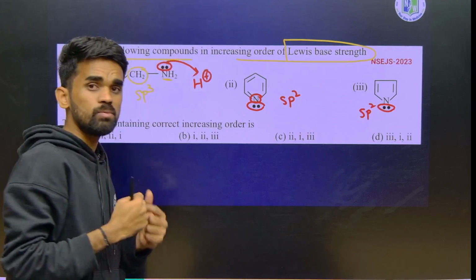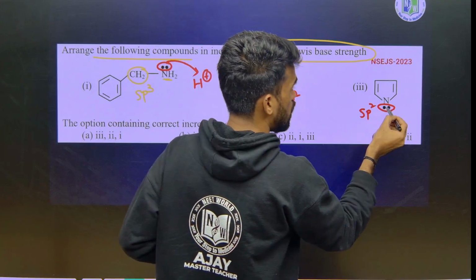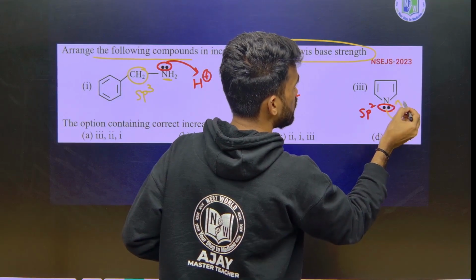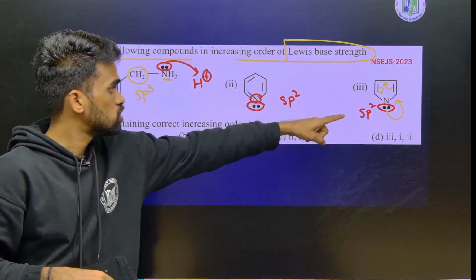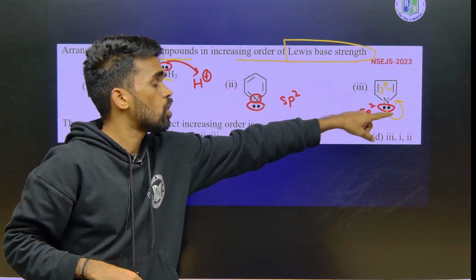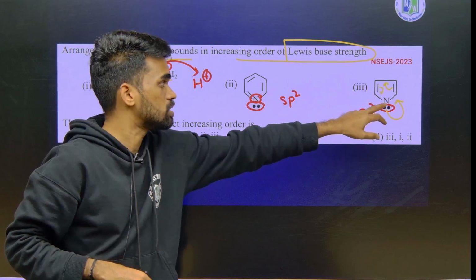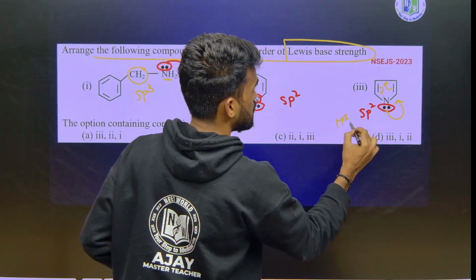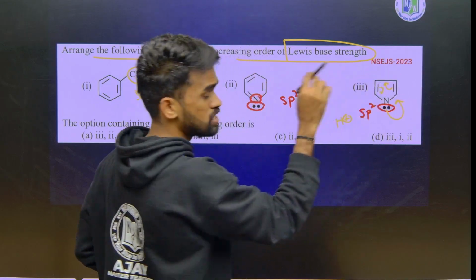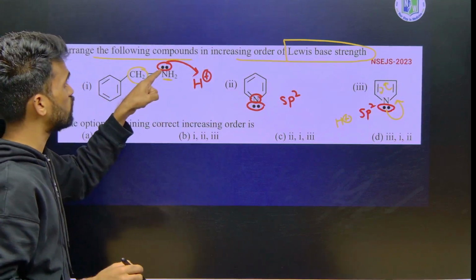And one more thing is the lone pair electrons here are not freely sitting, they are involved in the ring conjugation like this. So aromatic nature we are studying now. These electrons are participating in the conjugation with the ring pi electrons. They won't be donated easily, they won't accept the H plus ion easily because they are already in the game of resonance. But here these electrons are free to accept a proton.